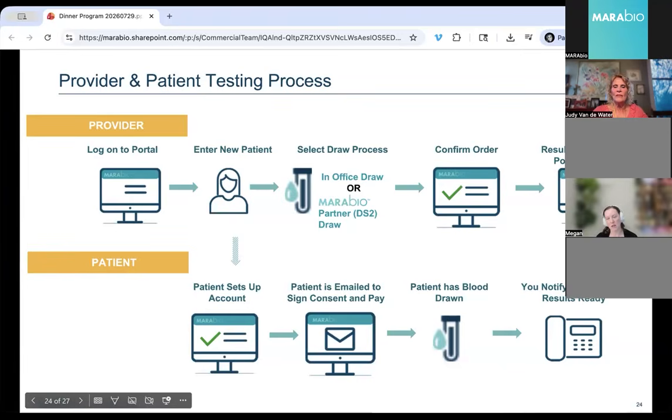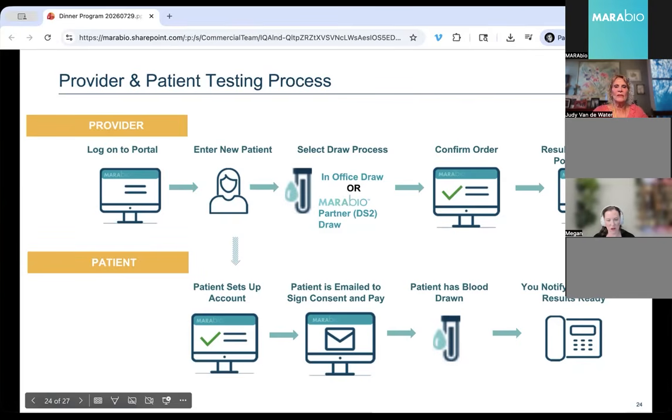We recognize that some clinics don't have phlebotomy on site available, which is okay. We're happy to drop ship a specimen kit and coordinate a phlebotomy site that is near the patient and coordinate that process for you. And then once the patient consents and pays for the test, we handle that through the online portal on the patient side as well.